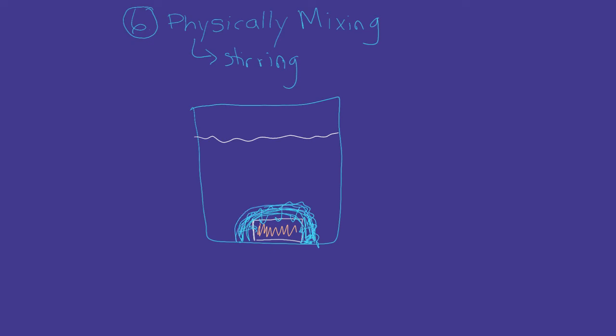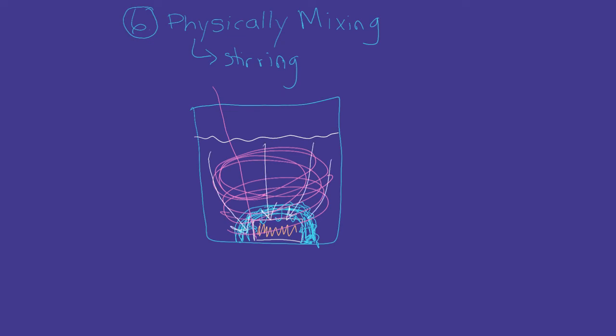Well, if I all of a sudden come in with a stir stick and I swish this all around, not the most graceful drawing, but by swishing this all around, I'm bringing in the higher concentration acid from up here that hasn't reacted yet, and I'm dispersing the product. It's kind of blocking this reaction from happening, and I'm dispersing it into the rest of the solution so you have more uniformity. So that will happen to increase the rate of your reaction in most cases.